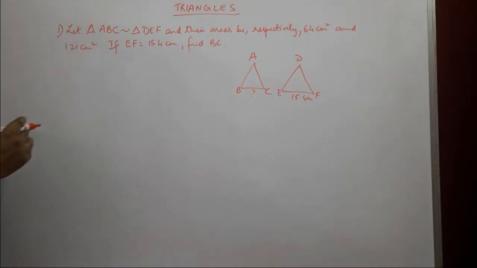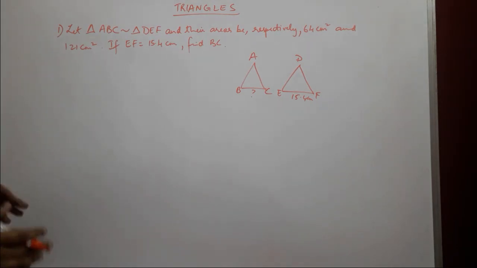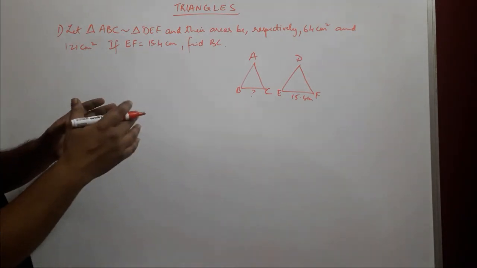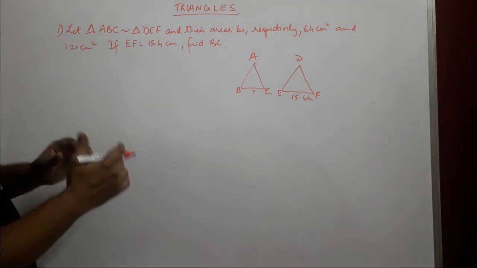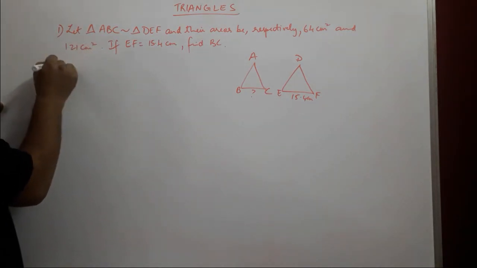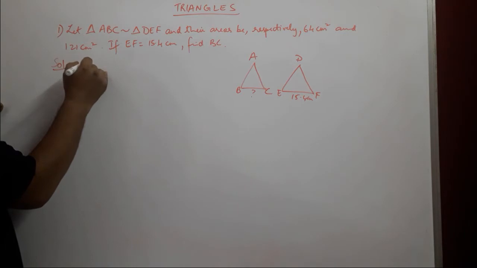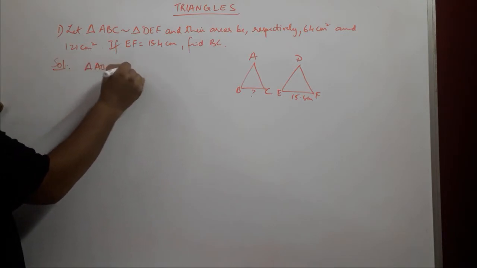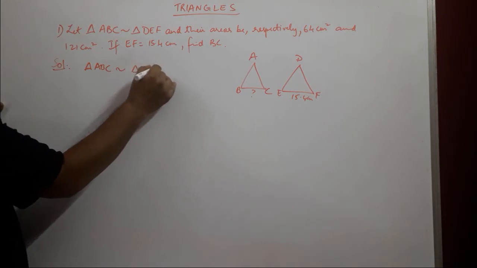So we have learnt in our theorem that the areas of two similar triangles are in the ratio of the squares of their corresponding sides. Let us first write down what has been given. Triangle ABC is similar to triangle DEF.